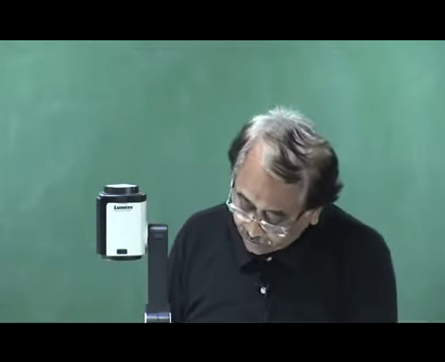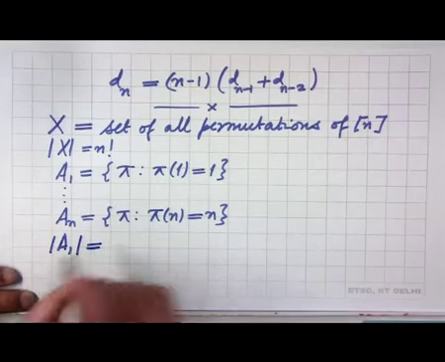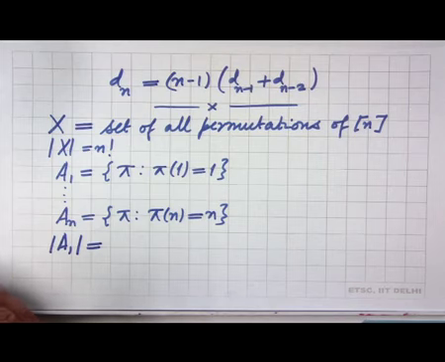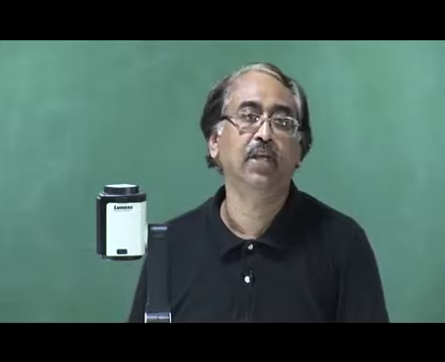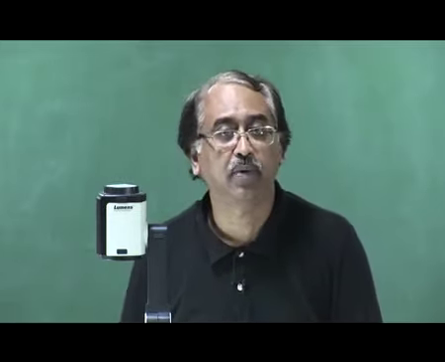So let's begin at the beginning. Let's look at, to begin with, the size of A1. This is all those permutations which leave 1 fixed. Well, let's take one out of the picture. What does this permutation pi do? It kind of permutes the other n minus 1 symbols. It sends the other n minus 1 symbols to the remaining n minus 1 symbols in whatever way, including fixing 2 or fixing 3 or whatever.